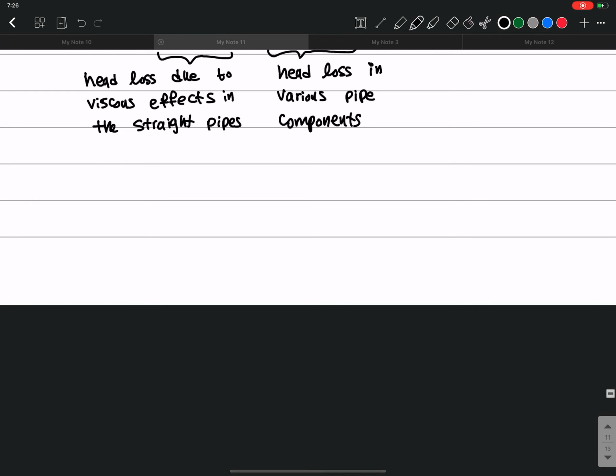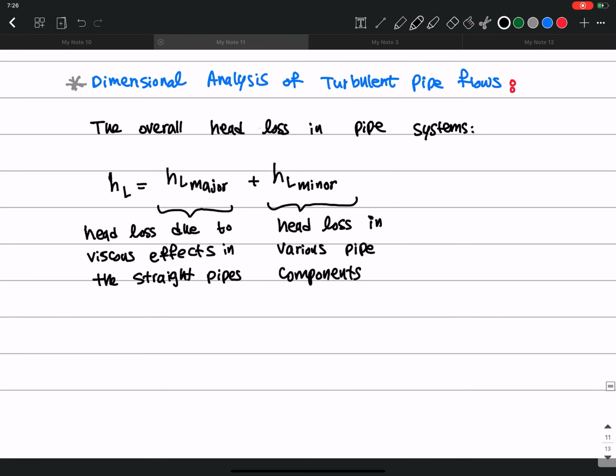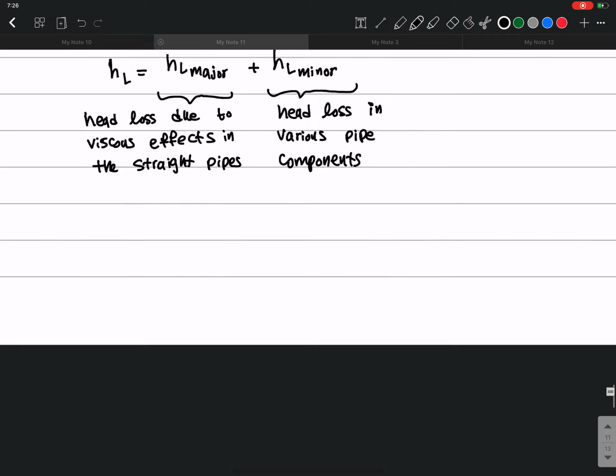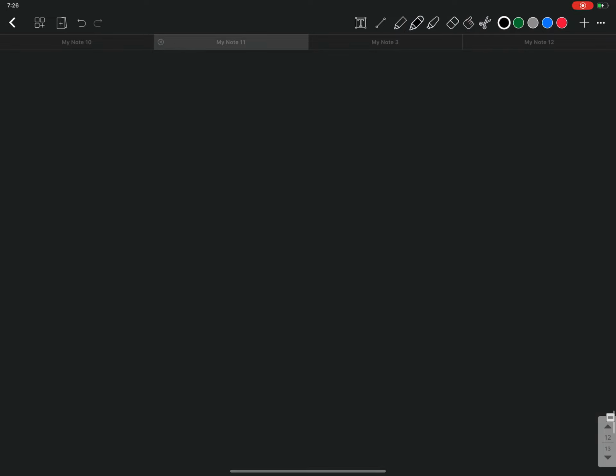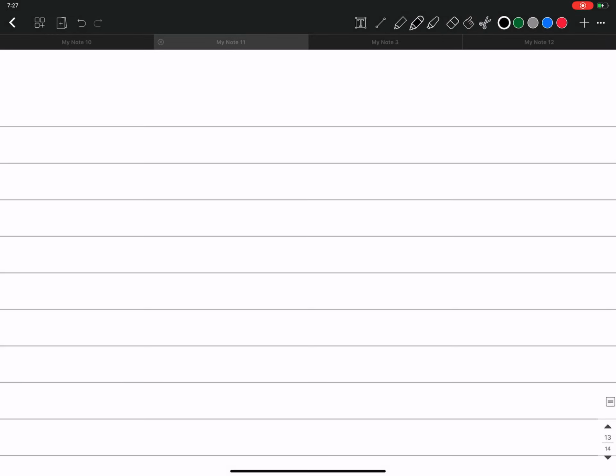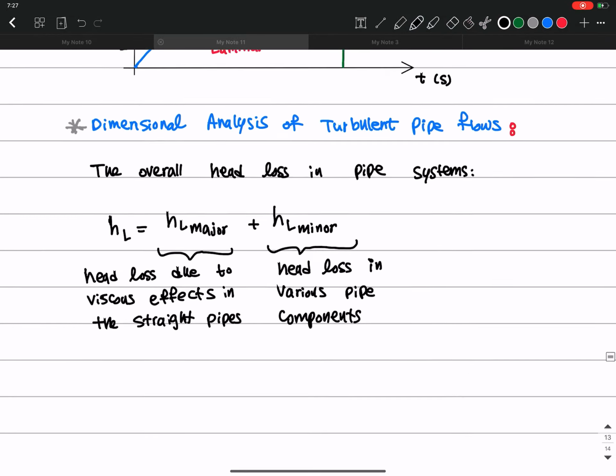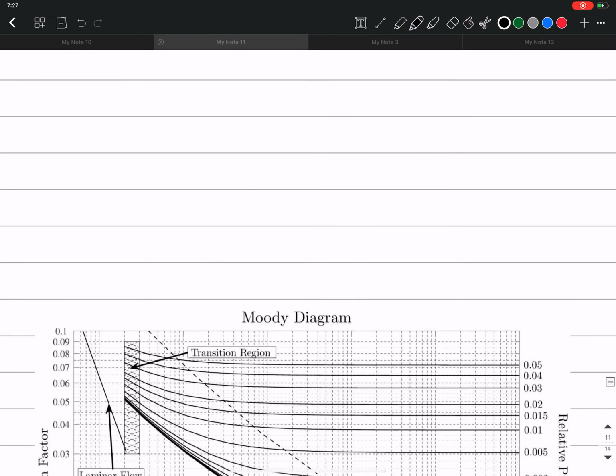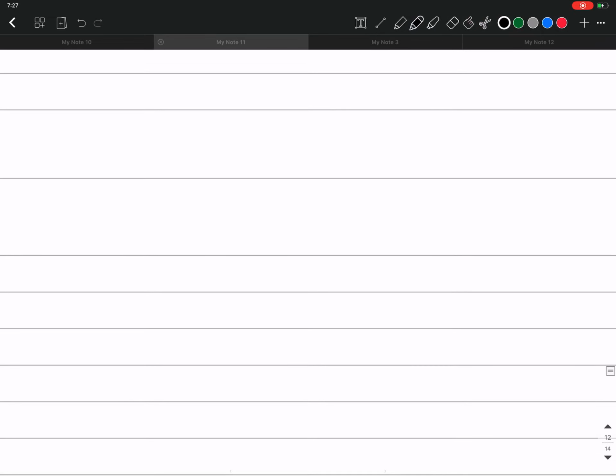So now I want to focus on major losses. Let me start here. For the major losses, this is going to be a similar problem to the previous part, with pressure drop in a turbulent flow, okay?